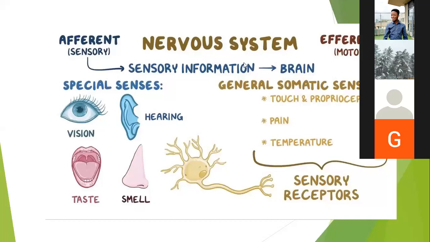If you look at the nervous system, one of the ways we classify its sections is that you have the afferent fibers, which are bringing information to the CNS, and therefore they are the sensory ones. And then we have the other class, the efferent fibers, which are taking information away from the CNS.